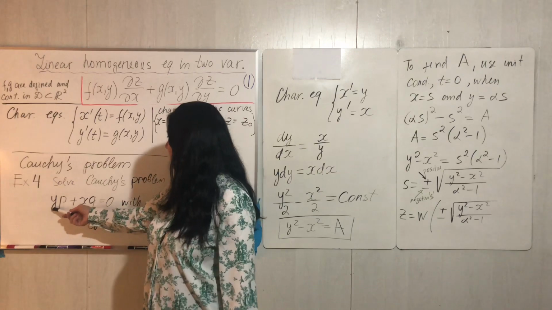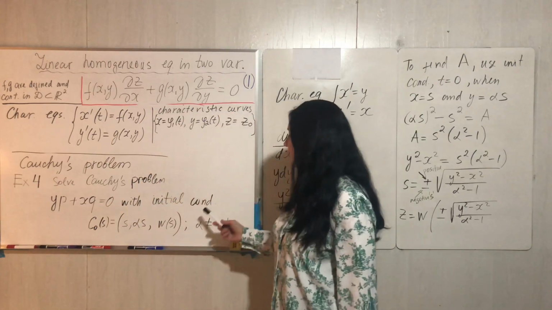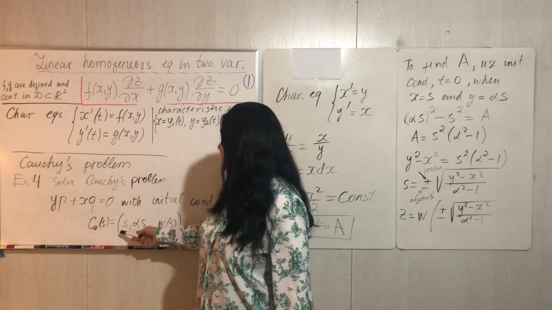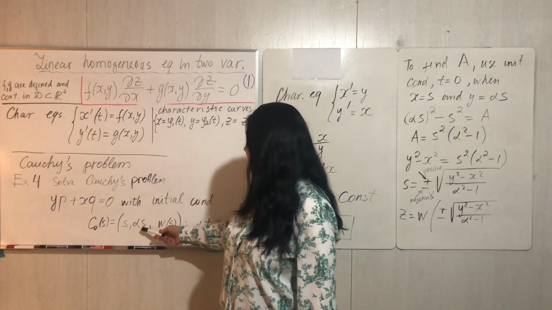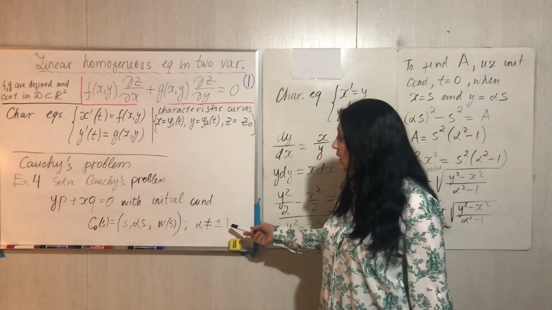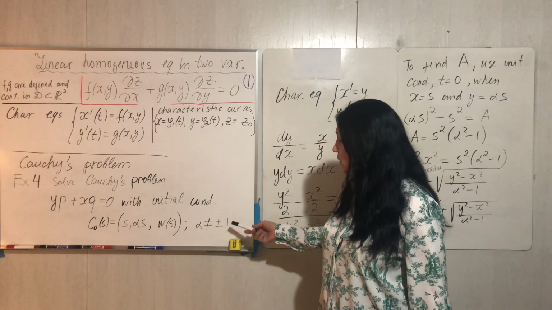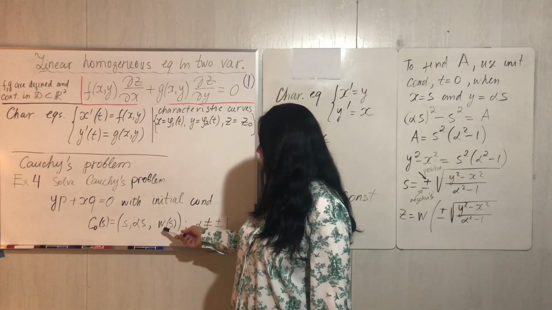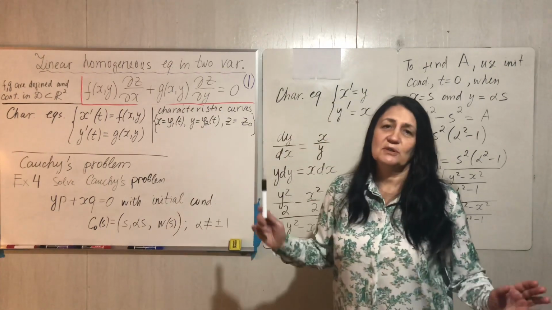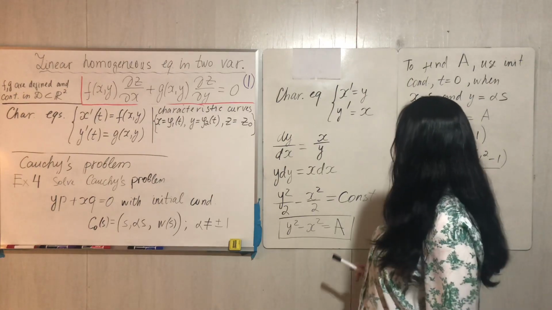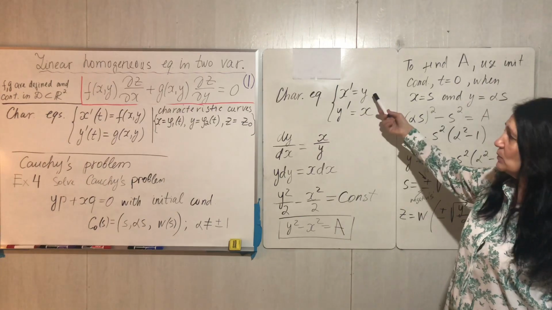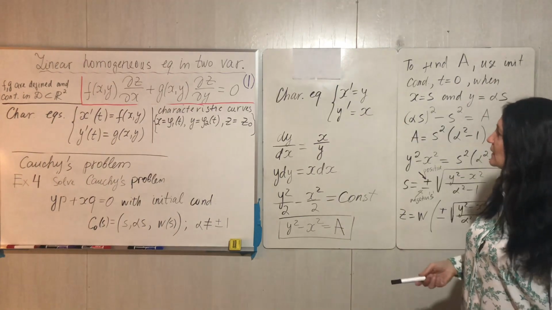So let the equation be y p plus x q equals 0, and the initial curve parameterized by parameter s, where x is s, y is alpha s, where alpha is any real number not equal to plus or minus 1, and z equals w, where w is a function of s. And then the characteristic equations can be written as x prime equals y, y prime equals x.